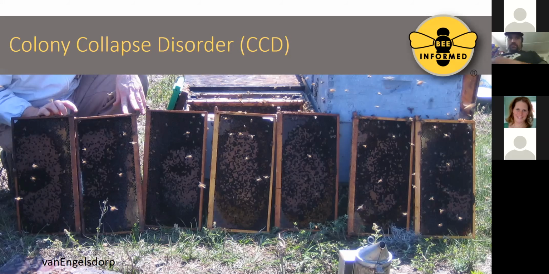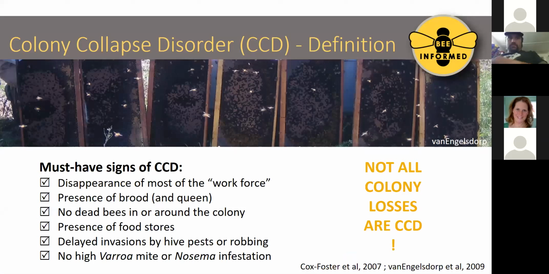So that on its own was not unheard of, but what was really particular is that when the researchers described CCD, they coined several key signs that all have to be present in order to qualify as CCD. All the colonies found dying or dead from CCD shared this common set of clinical signs.